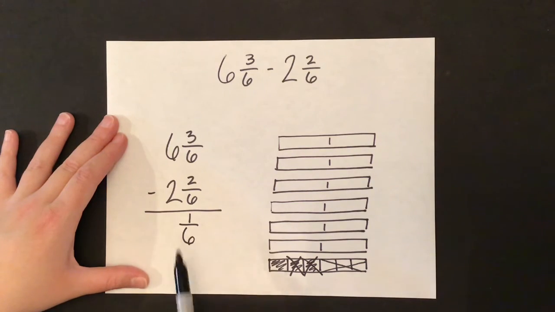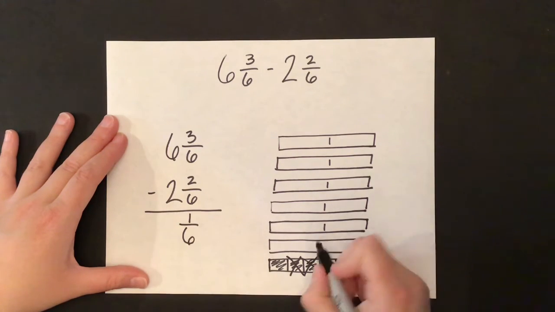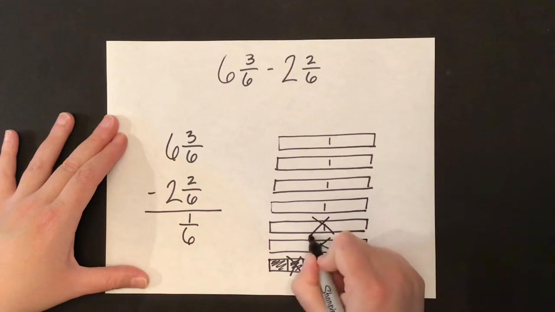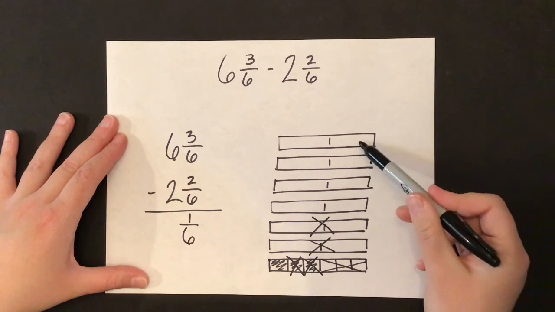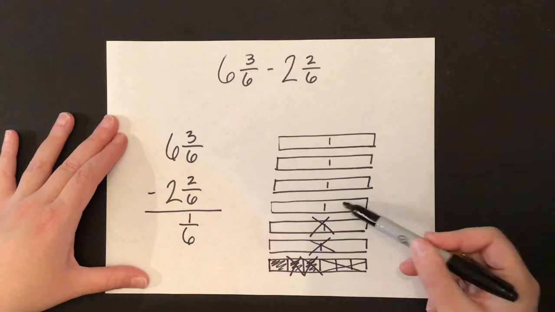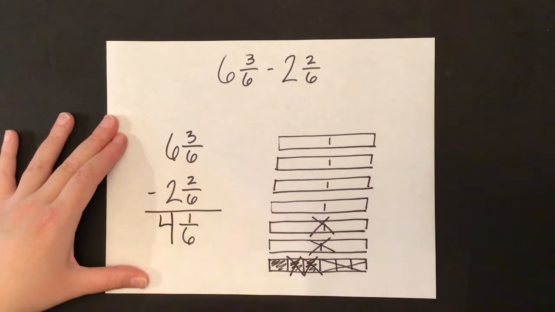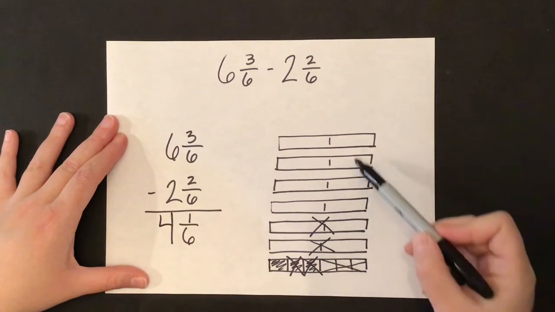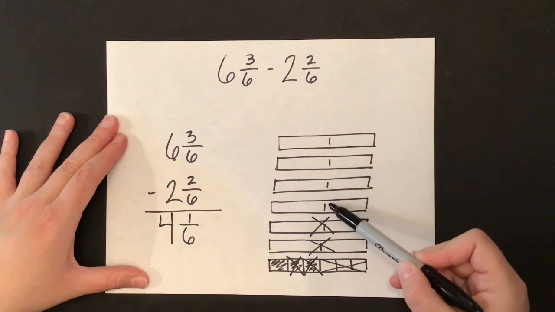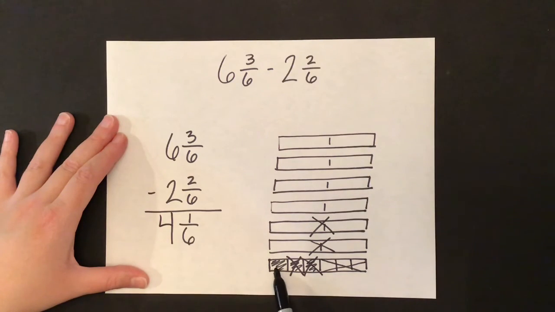And then we're ready to subtract 2 wholes. So I'll cross that out, and we're left with 1, 2, 3, 4 wholes. Our picture shows that we have 4 wholes and 1/6, and that matches my answer over here, 4 and 1/6.